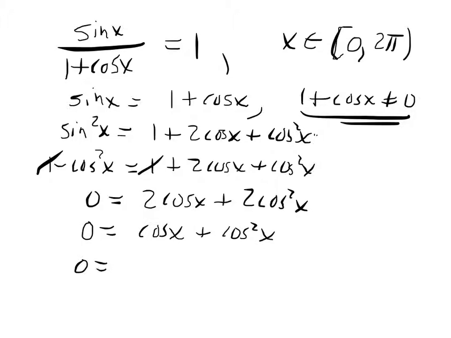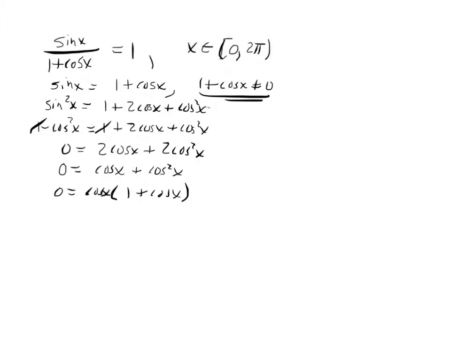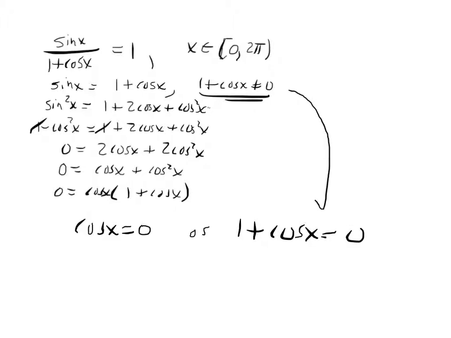Factor out a cosine x, 0 equals cosine x times 1 plus cosine x. And at this point, we then know that cosine x equals 0, or 1 plus cosine x equals 0. Now note, up above we said 1 plus cosine of x cannot equal 0, so we can't include looking at this to get solutions.